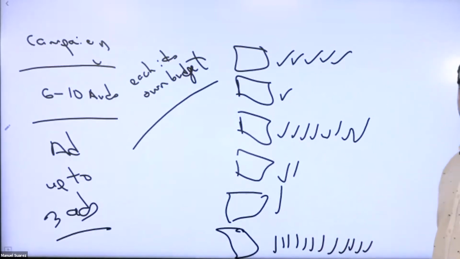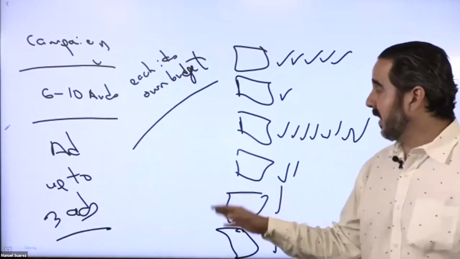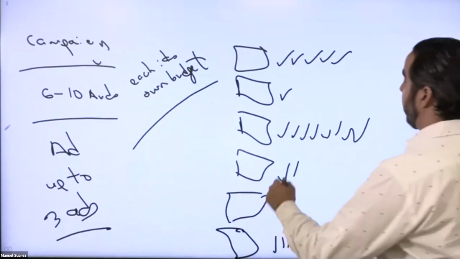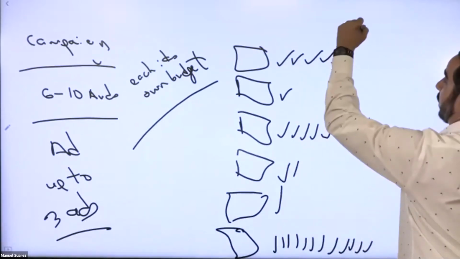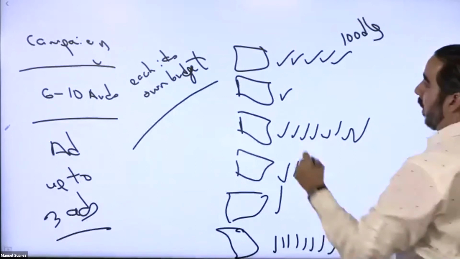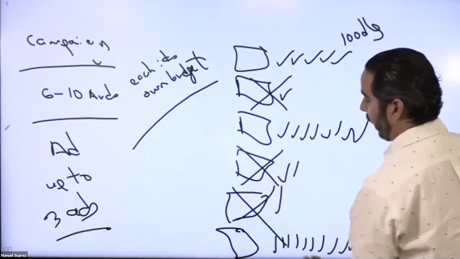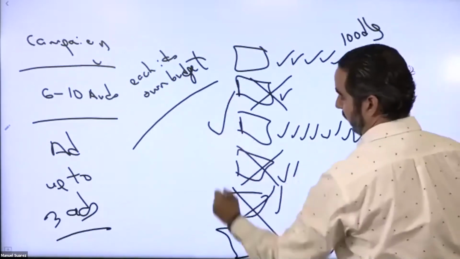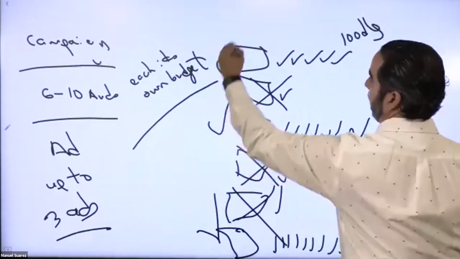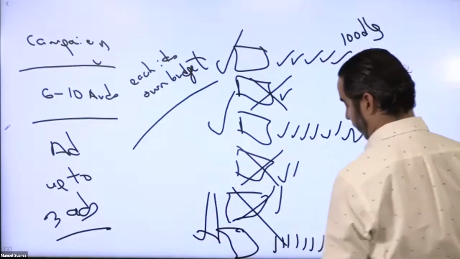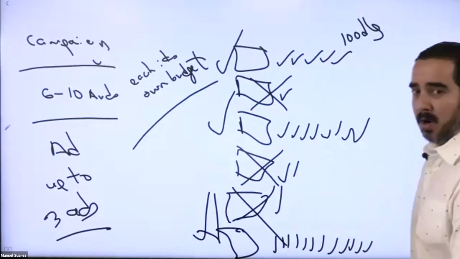Okay, check that out. All right, so now I have a lot of data. I was able to spend maybe $100 in each one. And now I know, doesn't work. Doesn't work. Doesn't work. This one, yes. This one, yes. This one, yes. This one, double yes, actually, because I got a lot of leads for $100.